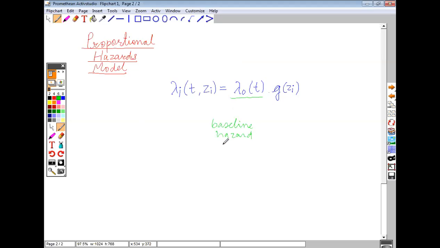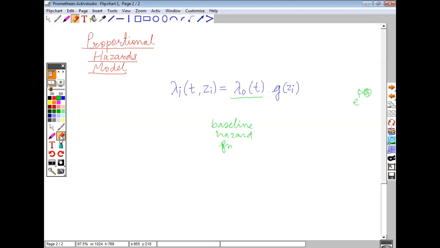Why baseline? Because whenever the values of these particular covariates are 0, this is the answer that I'm going to get. We'll later see what this function g of z_i is. This is normally e raised to beta z_i, and we'll see that. If I put this as 0, e raised to 0 is going to give me 1.